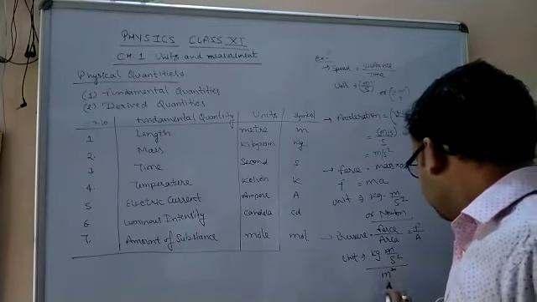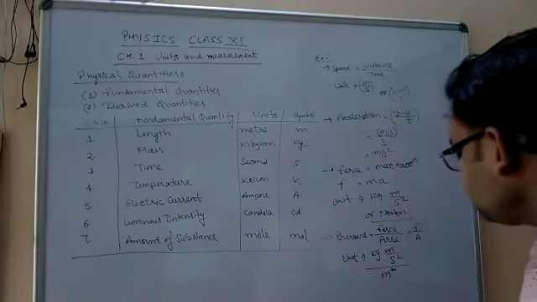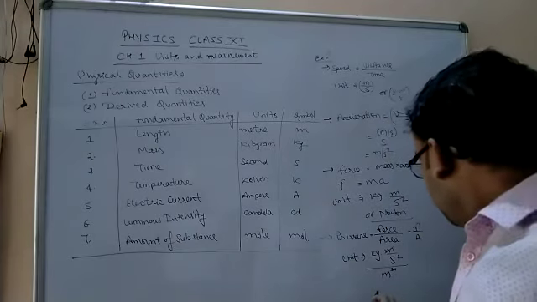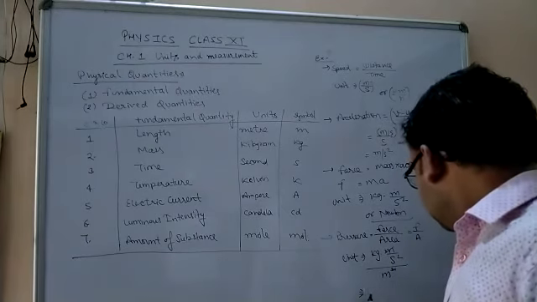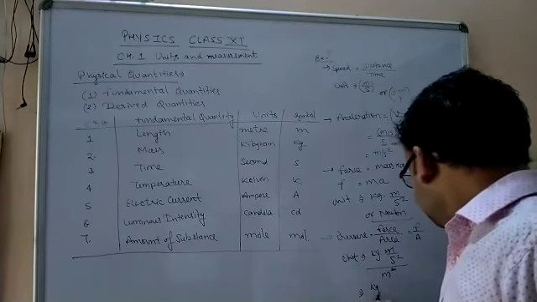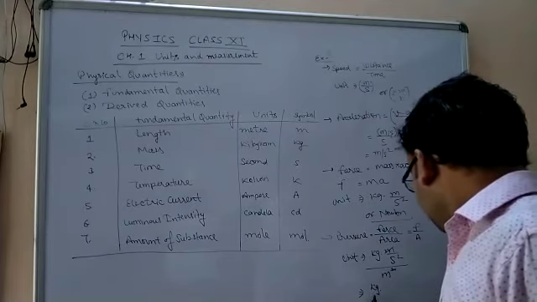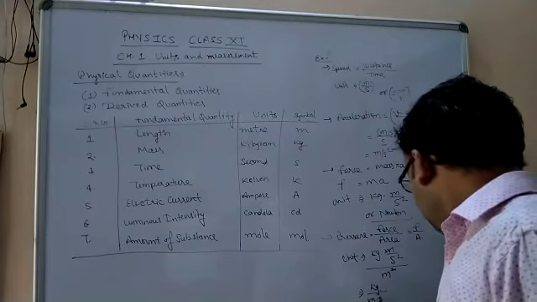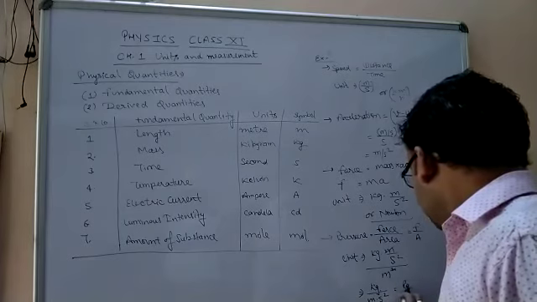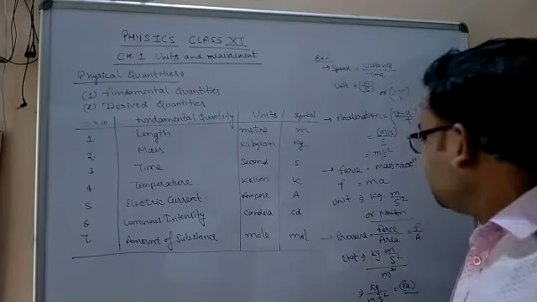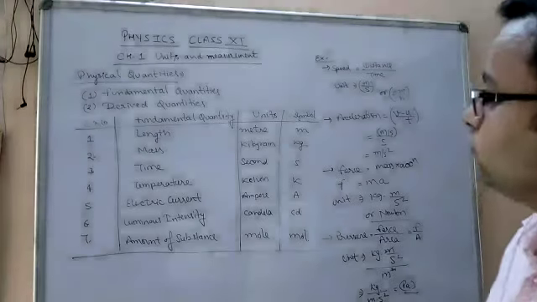So meter to meter cancel out. Okay, then we can write it as kilogram per meter into second square, that is known as Pascal. This is also a derived quantity.